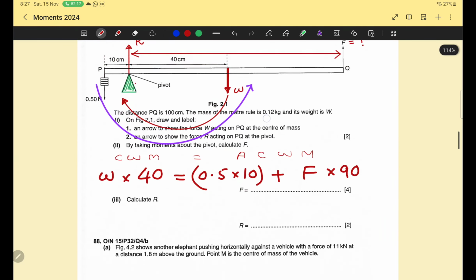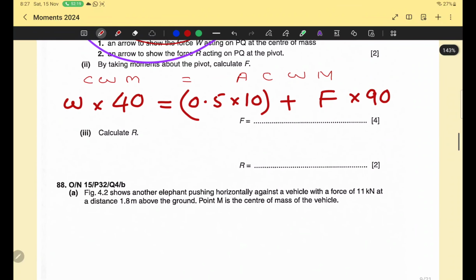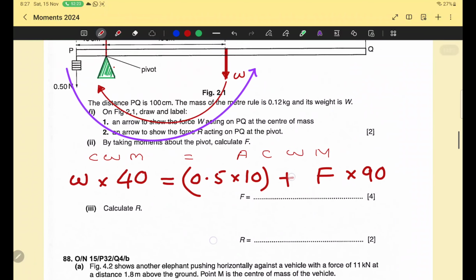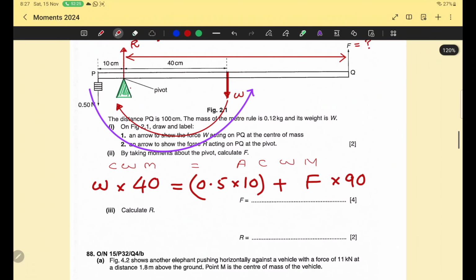And now this equation is formed, and now we are solving this equation. And the weight of the ruler, I think it is given. Yes, sir, the weight of the ruler is given. It is 0.12 kg. This 0.12 kg should be converted into weight by mg, mass into 9.8.